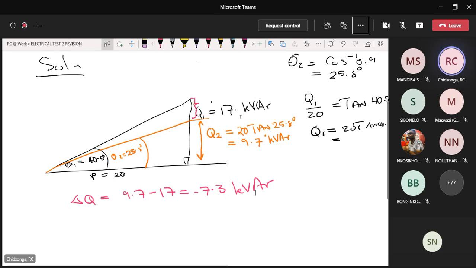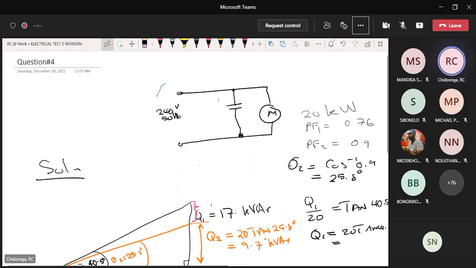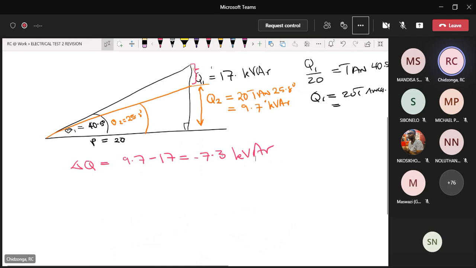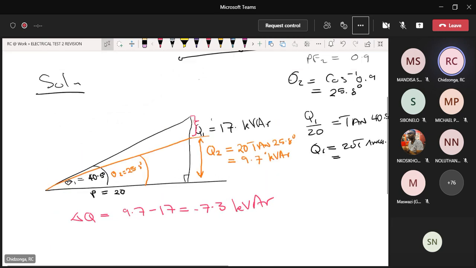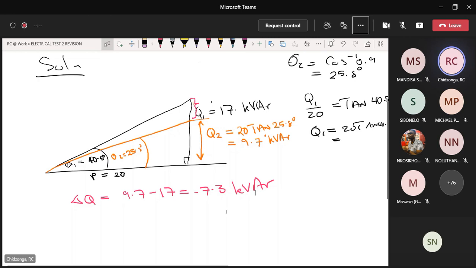Remember, a capacitor gives out negative reactive power. So this is the capacitor's contribution. If you put a capacitor in parallel with the motor, it's going to contribute minus 7.3. So you add minus 7.3 to 17, the result will be 9.7. And that's exactly what you want. It will give you a power factor of 0.9.